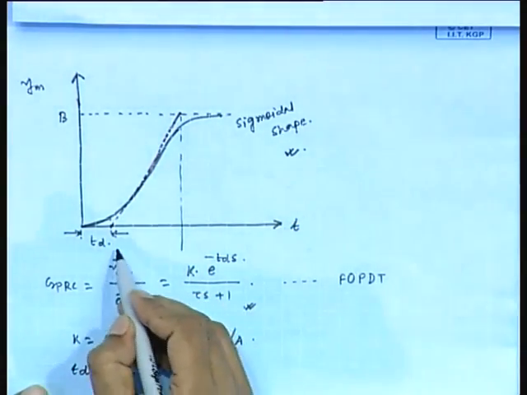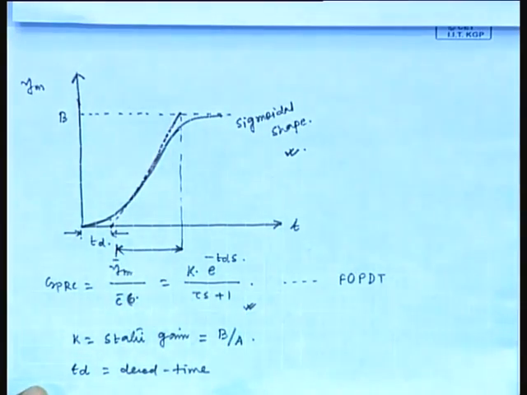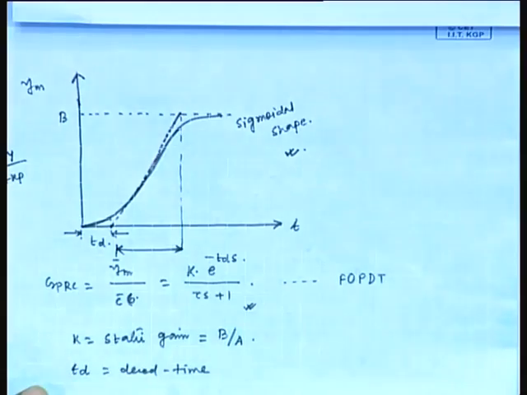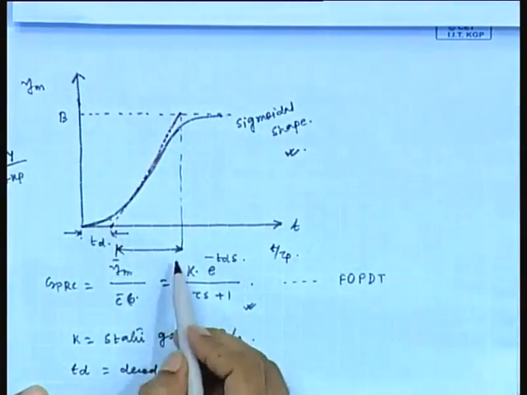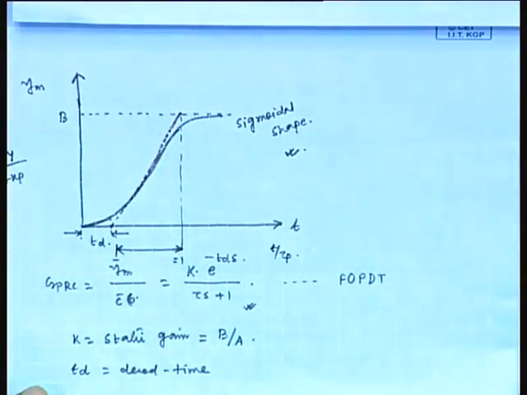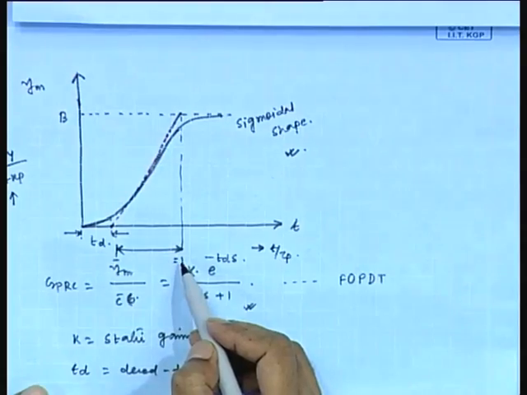Now, how much is this quantity? For a first order system, we plotted y divided by AKp versus t divided by tau p, and we obtained at time t equals 0 this quantity equals 1.